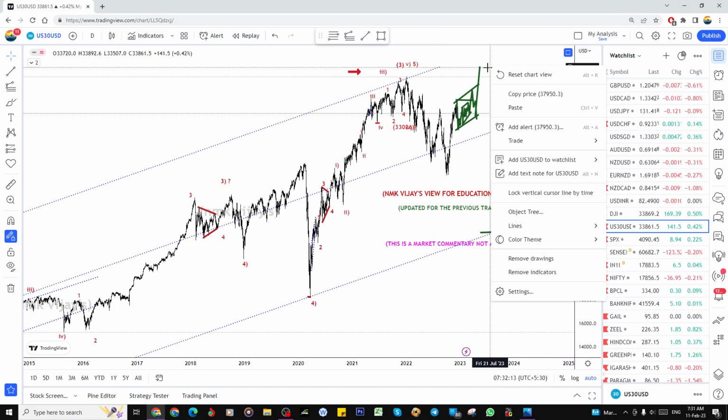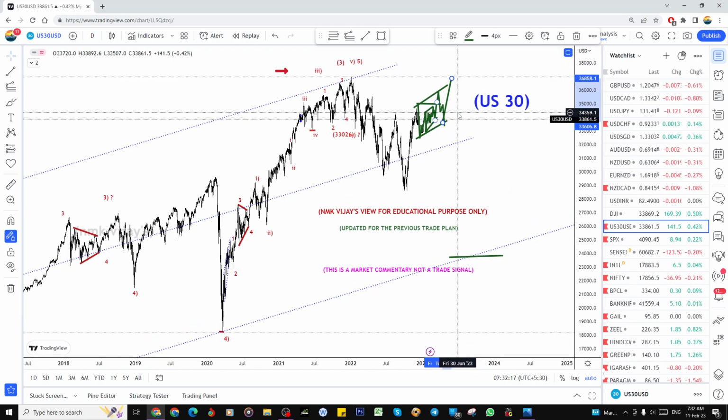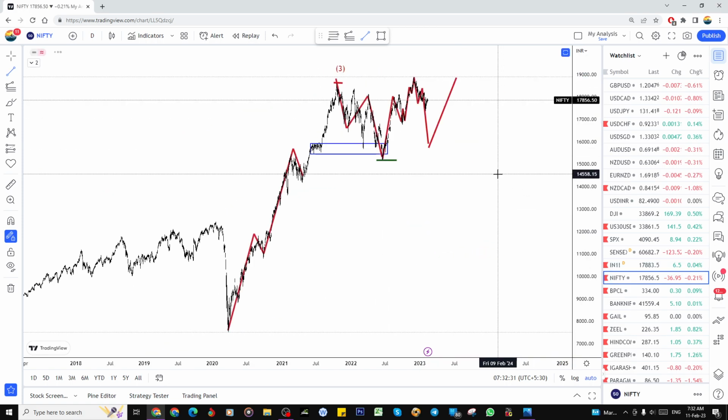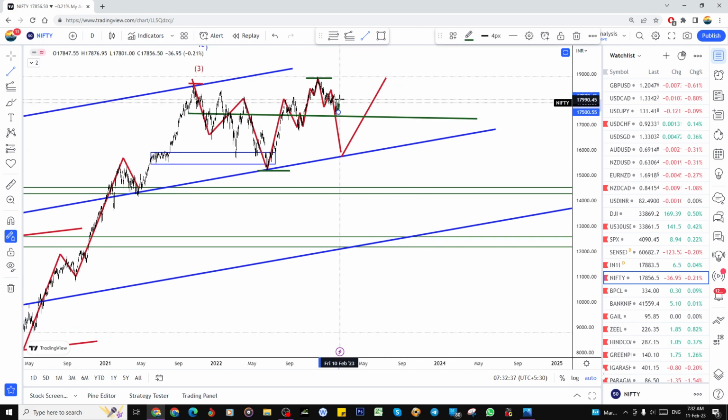This is the one, whether it is going to break the previous high or not. So again it can do like this, but in my view it will break above the high only, because in the Nifty it has already done that same pattern. It's already broken the previous high. So I'm looking only for this.